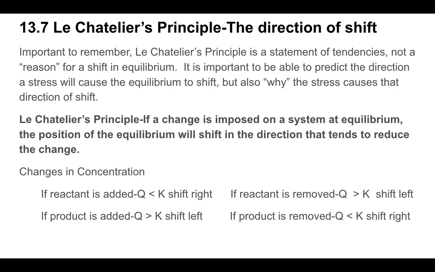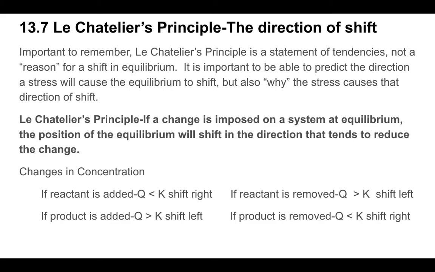So if the change made something go up, the shift will make it go back down. Now it's important to note here that the shifts never bring you all the way back to the original value. They bring you back to equilibrium, but they never cancel 100% of the change.